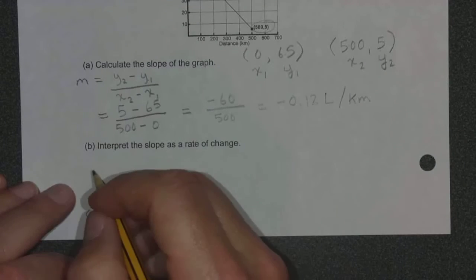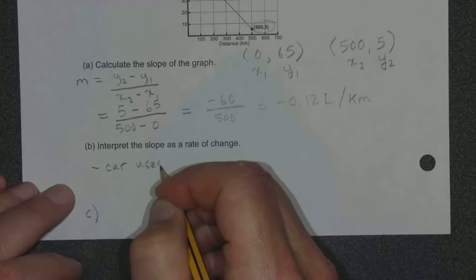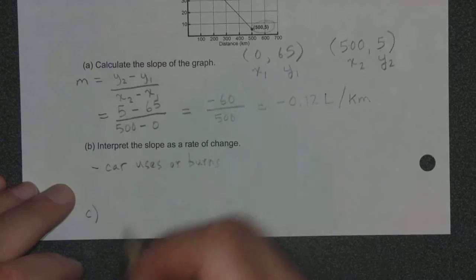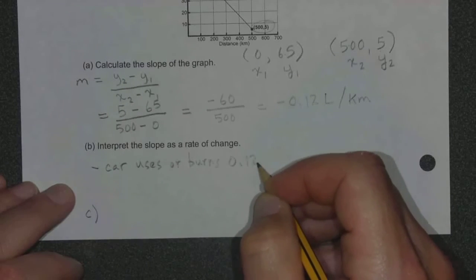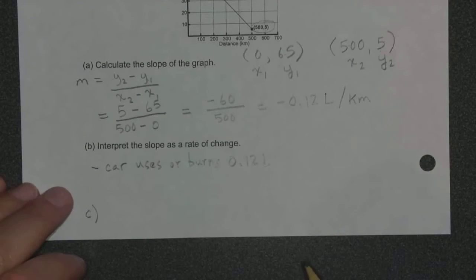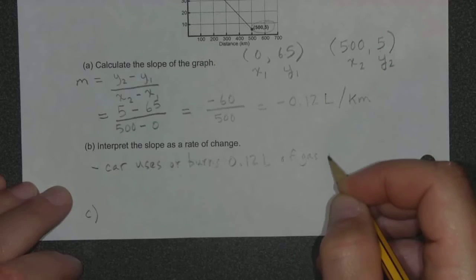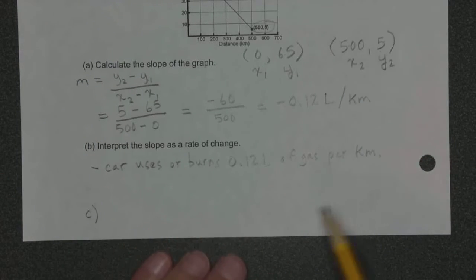It means that the car uses or burns how many liters? 0.12 capital L liters of gas per kilometer. So let me explain this.